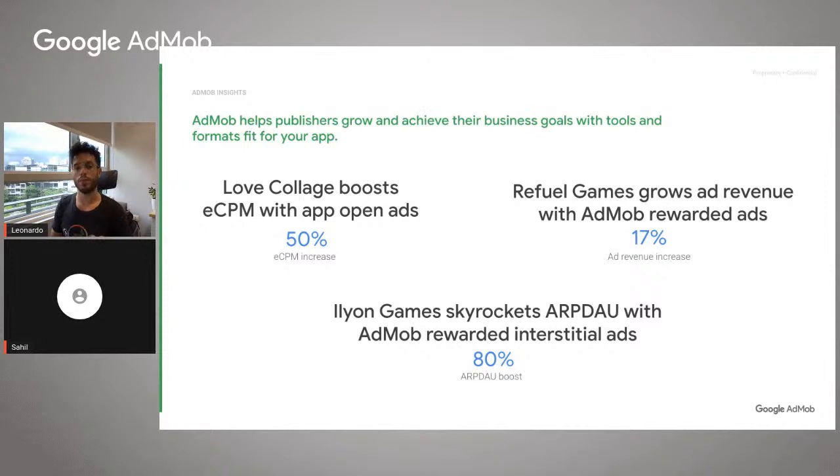Also, Refuel Games grew ad revenue by 17% with AdMob rewarded ads. And Lion Games skyrocketed their average revenue per daily active user with AdMob rewarded interstitial ads. The message here is that there are good growth opportunities by learning the content we will share with you today. So are you ready for that?